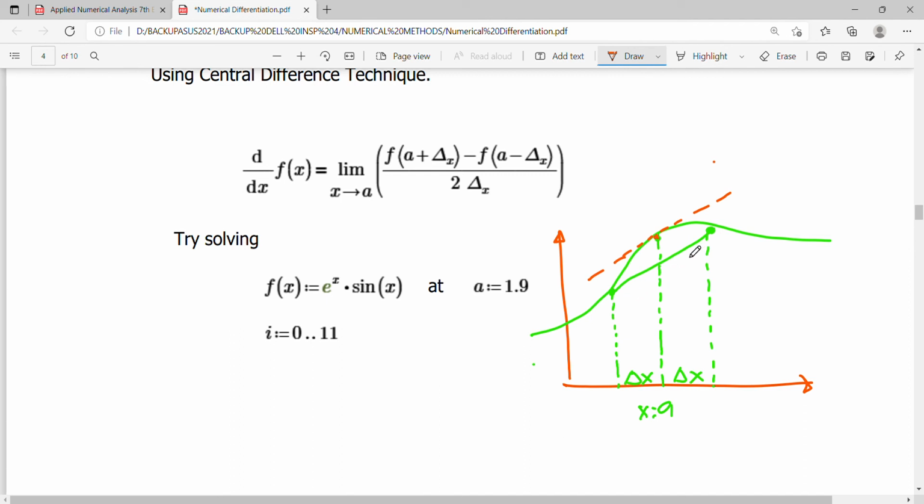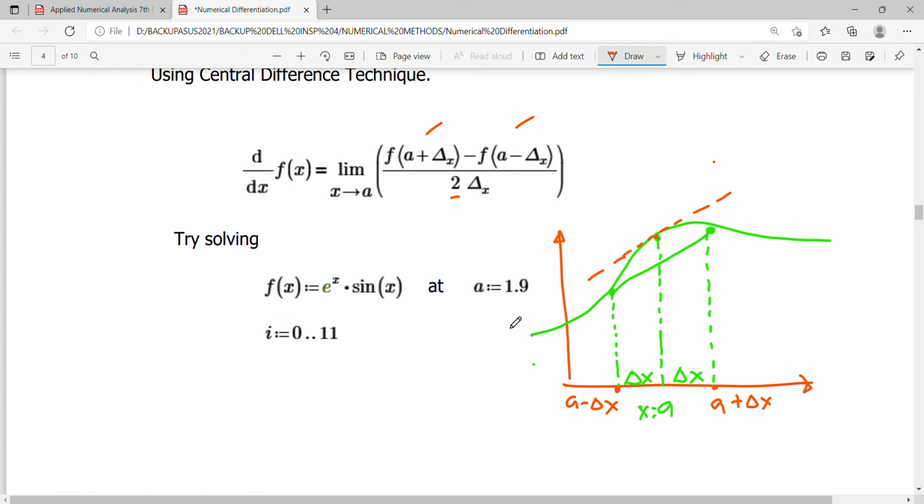Okay, so this is now a plus delta x, and this is a minus delta x. Okay, so you have here now the function, and of course, since this is centrally placed, your increment will double. So this is 2 delta x.